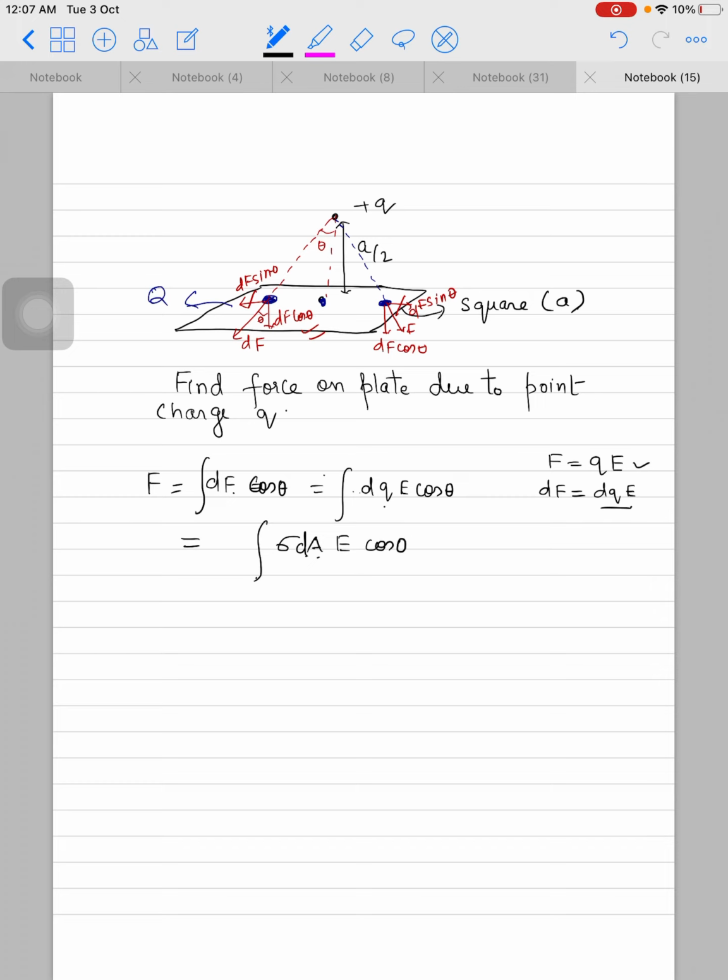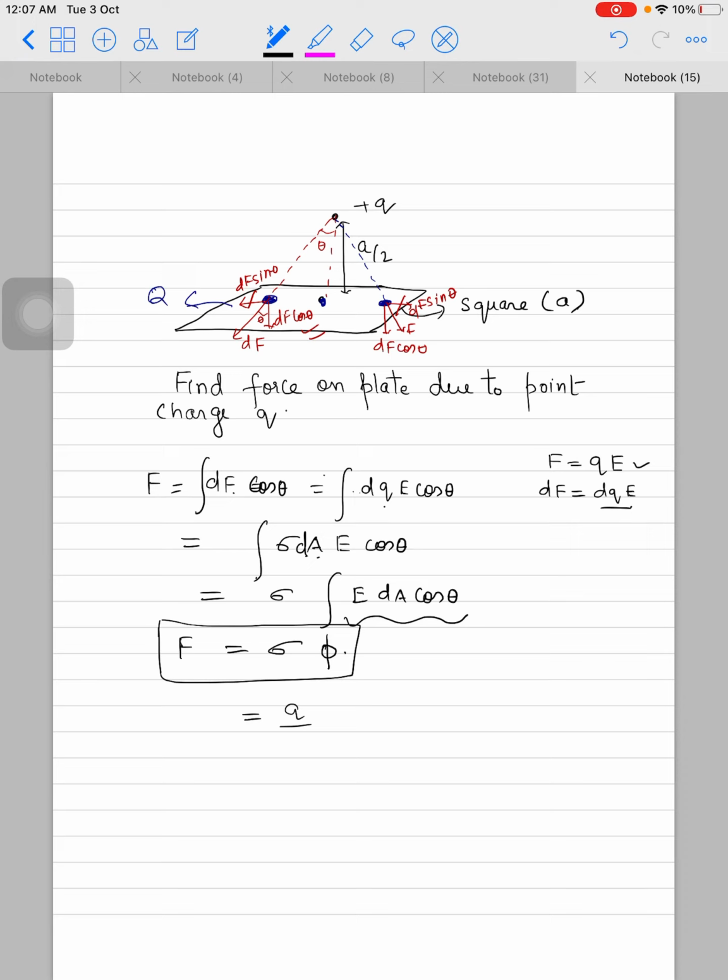Sigma is a constant, so it will come out of this integration, and you will write E dA cos theta, which is nothing but a flux. So the final formula comes out to be force is equal to sigma into flux.